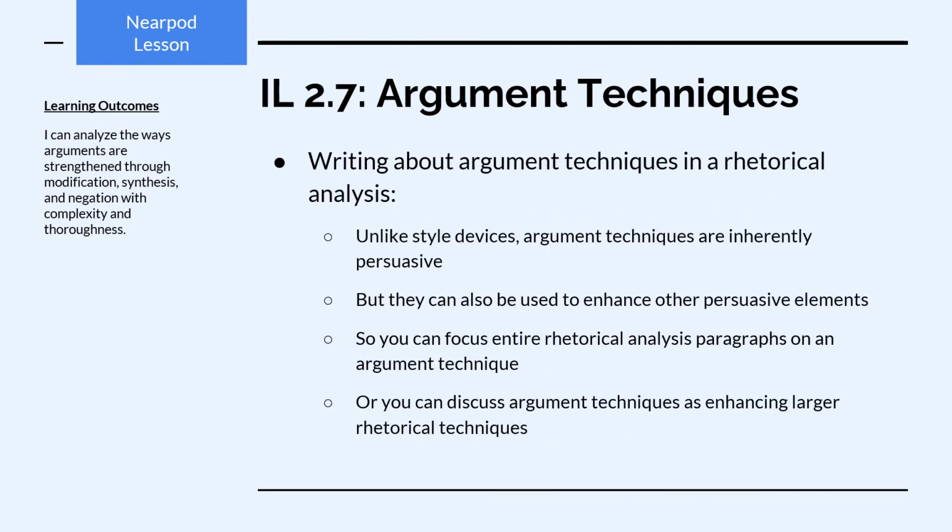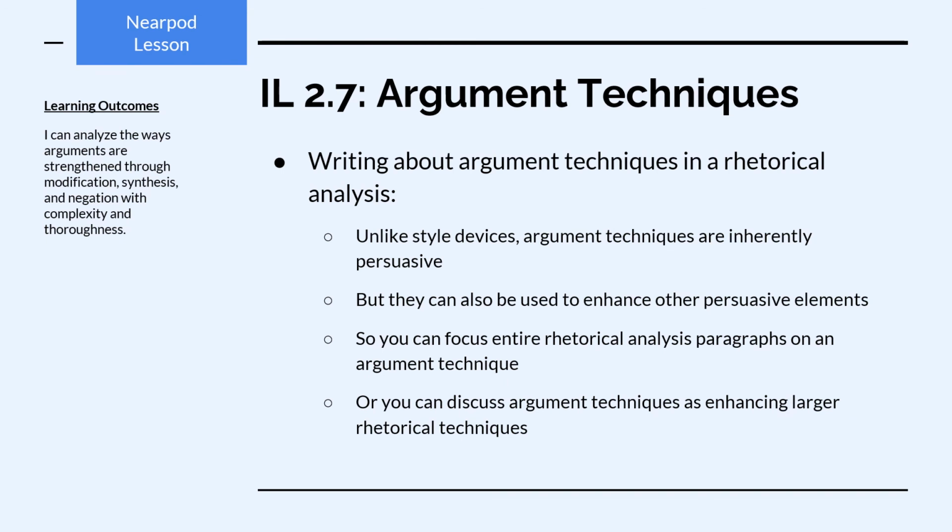When you write about argument techniques in your rhetorical analysis, it's important to keep a few things in mind. Unlike style devices, argument techniques are actually inherently persuasive, but they can also just be used to enhance other persuasive elements like style elements.